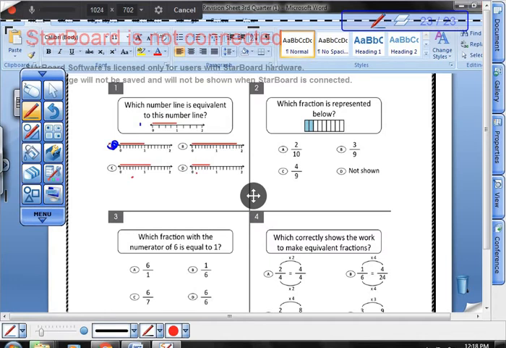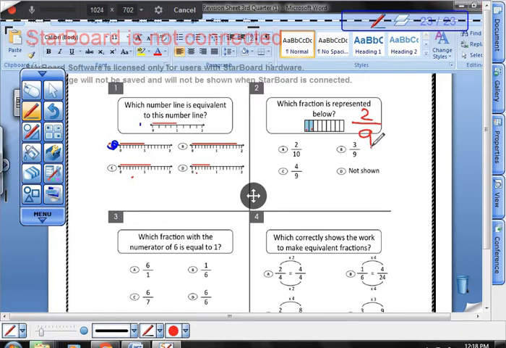Number 2, which fraction is represented below. We have a model. Let's write its fraction. As we know before, our numerator will be the colored part, which is 2. 2 parts here. The total number of equal parts in the one whole: 2, 3, 4, 5, 6, 7, 8, 9.